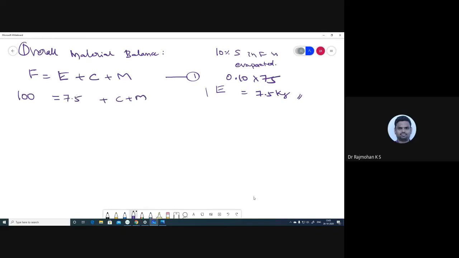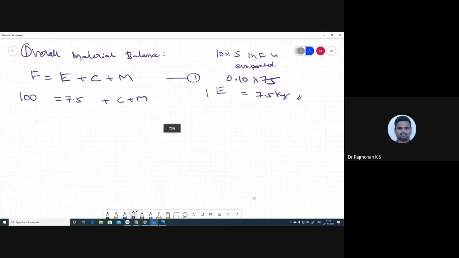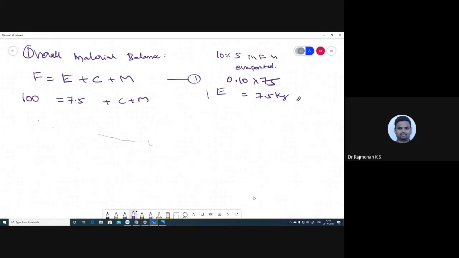So what can we write? C is equal to, sorry, so we can write 100 minus 7.5.